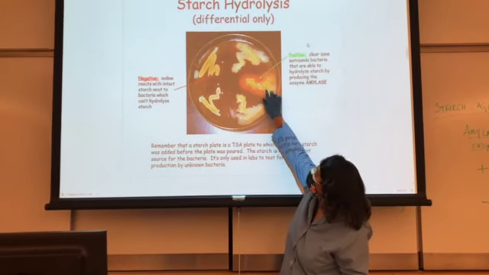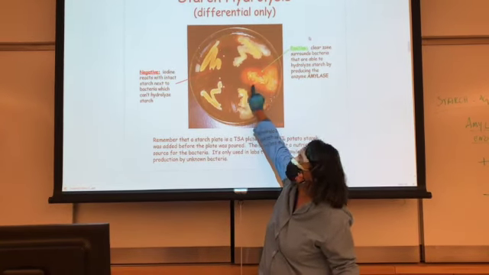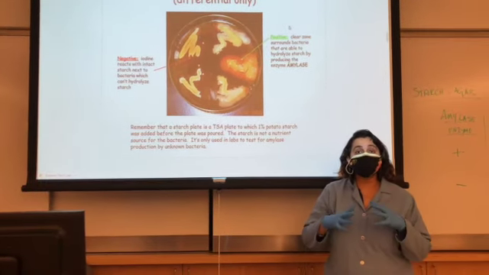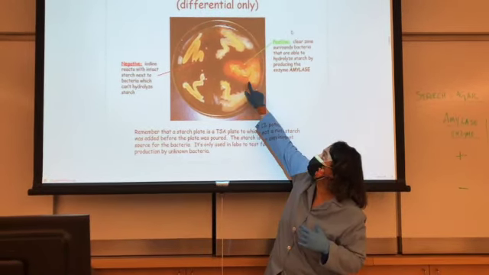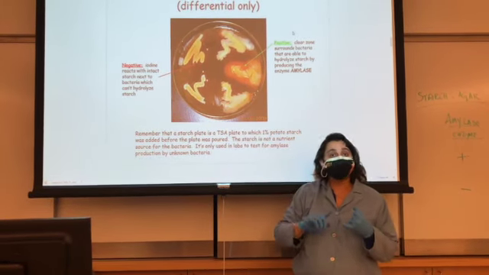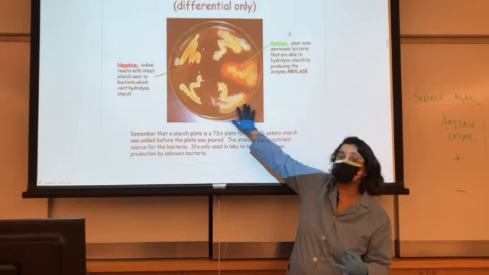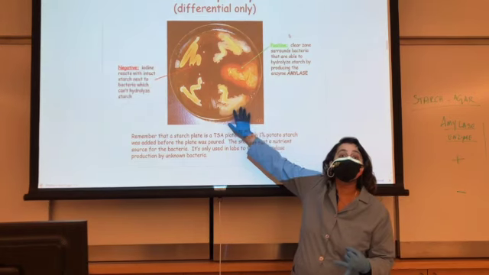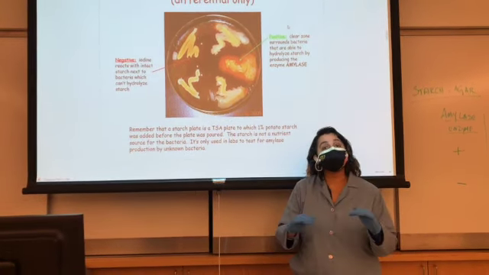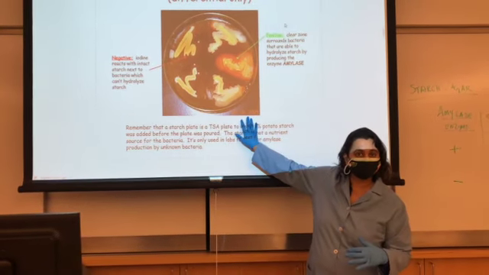So what really happened here is you can see that there is a zone of clearance. So the starch is all broken down, and that's the reason you do not see a dark purple color around this bacteria. So this bacteria has amylase and there is no starch around. This is positive for amylase and also positive for starch hydrolysis. So all the starch was broken down by amylase enzyme. Okay? So this is starch hydrolysis test.